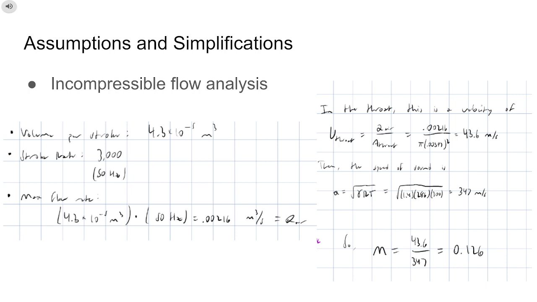This is because the speed of the flow isn't high enough to vary the density throughout the system. Also, using the dimensions that we found, we were able to calculate the Mach number at the throat, which was roughly 0.126. And because this Mach number is less than 0.3, we can say that incompressible flow is a valid assumption.